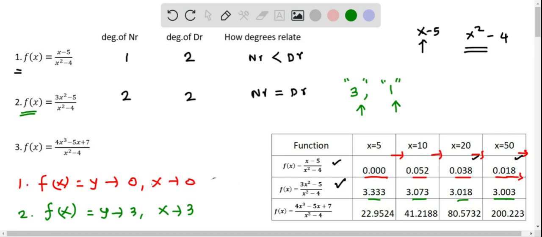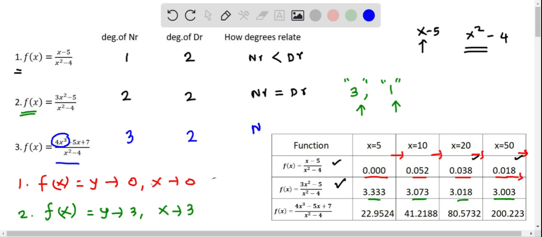Let's now answer similar questions for the last function, f of x equals 4x cubed minus 5x plus 7 over x squared minus 4. The degree of the numerator is clearly 3, because we consider the 4x cubed term, which has the highest exponent, and the degree of the denominator polynomial is 2.